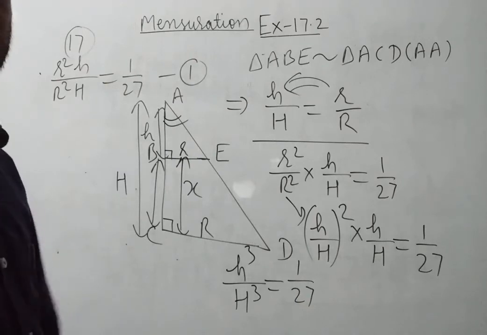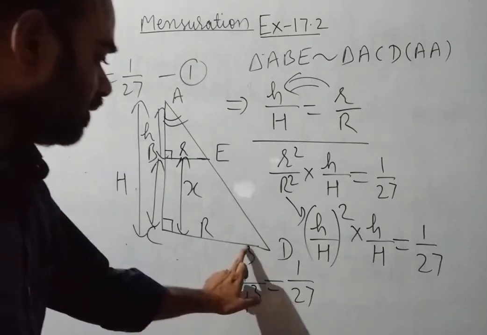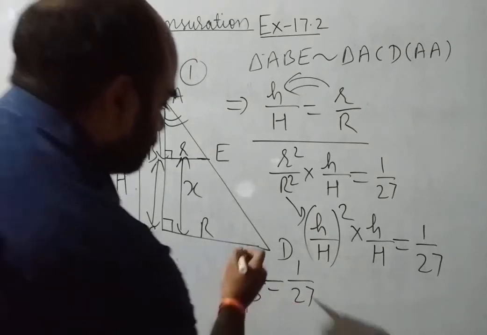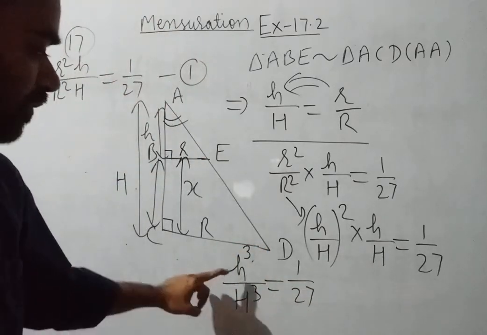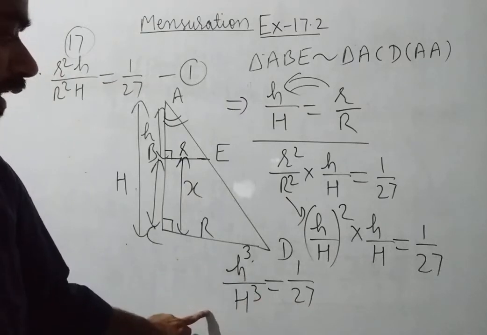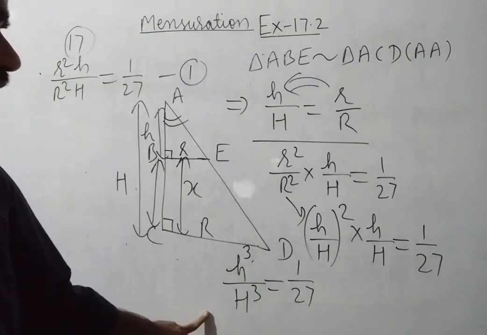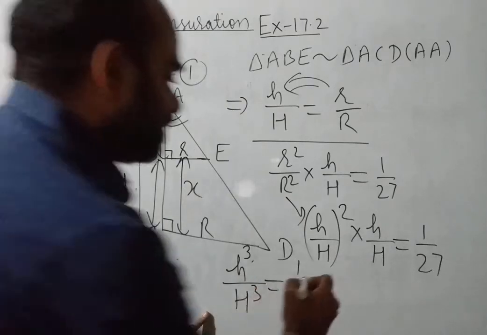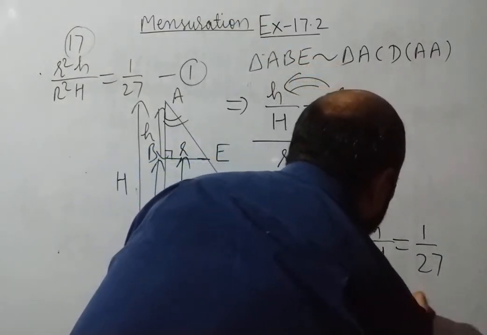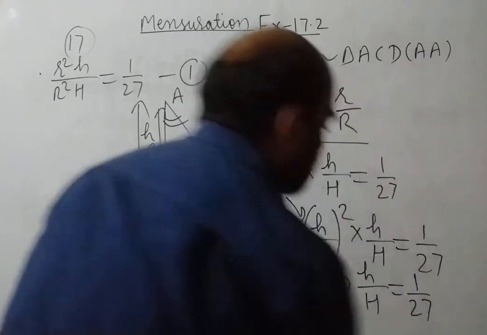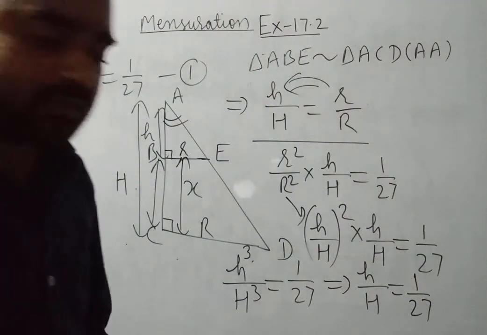This is cube. So h cube upon capital H cube is equal to 1 upon 27. It means h upon capital H is 1 upon 3.